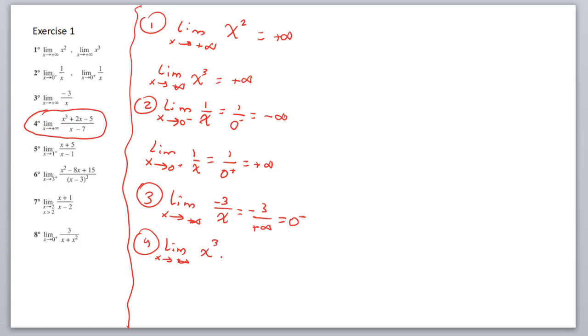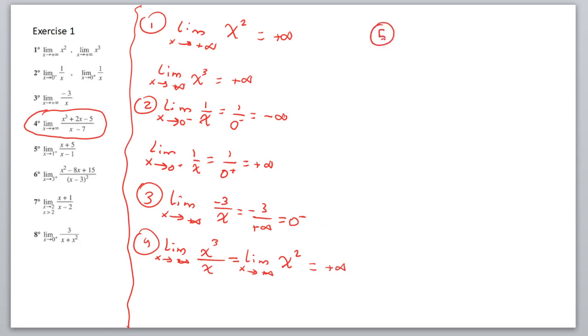We took this last year. So it's the limit of x cubed over x. Now simplify: we get the limit as x tends to plus infinity of x squared, where I simplified x cubed with x. So it is plus infinity, like the first one.